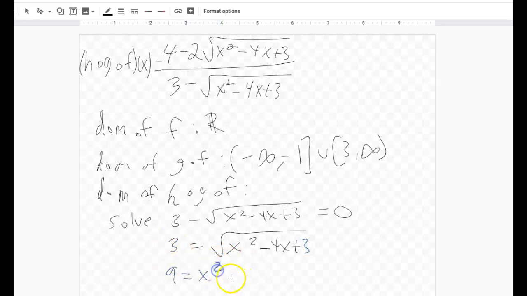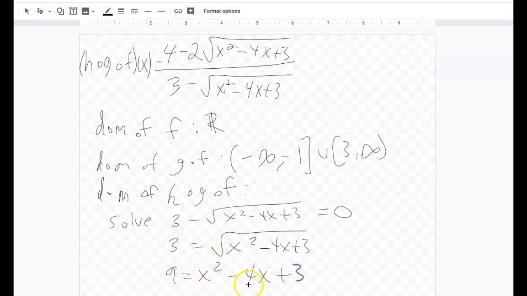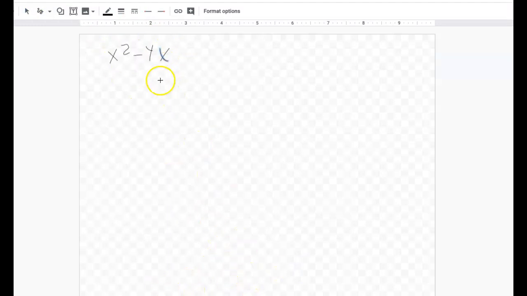And I'm left with 9 equals x squared minus 4x plus 3. This is a quadratic equation, so it's always helpful to get this equal to 0. So I'm going to subtract 9 from both sides, and I'll be left with x squared minus 4x, what was it again, 3 minus 9, minus 6, equals 0.